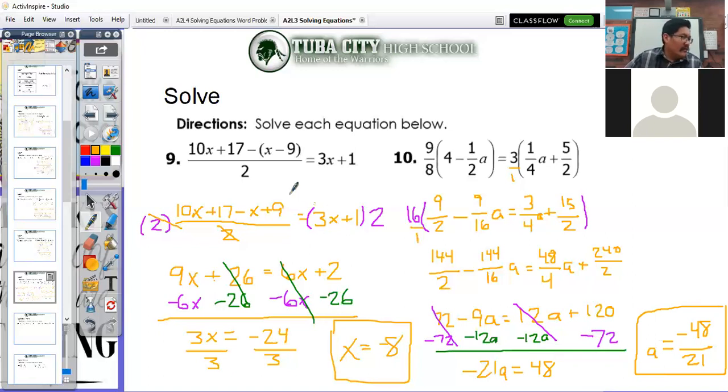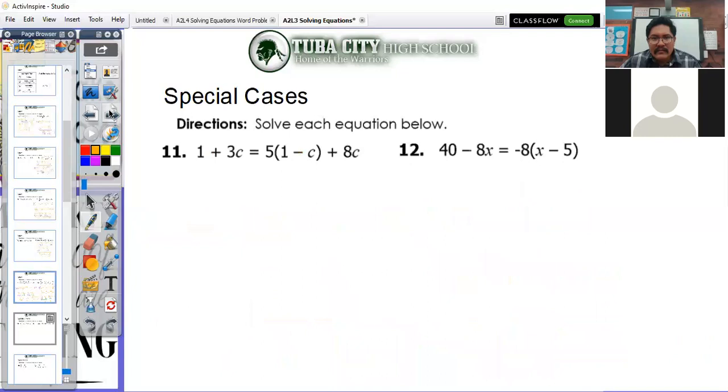All right, so the next ones I have are special cases. I wish there was a little bit more on these. I wish these popped up more regularly on everyday homework assignments, because these are pretty rare, but they do happen.